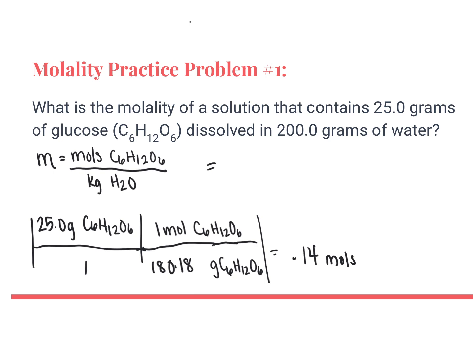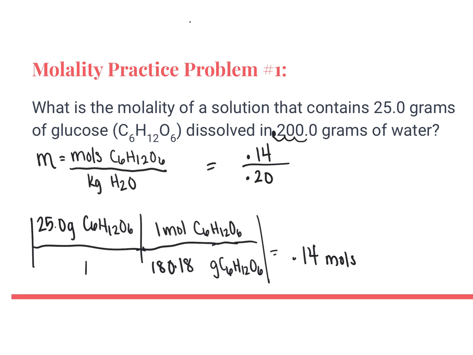So now we can plug it into the equation. So we know we have 0.14 moles. You're given 200 grams of water. How do you get from grams to kilograms? Okay, you can divide by 1,000, or how many places do you move that decimal? Okay, or move it 3.